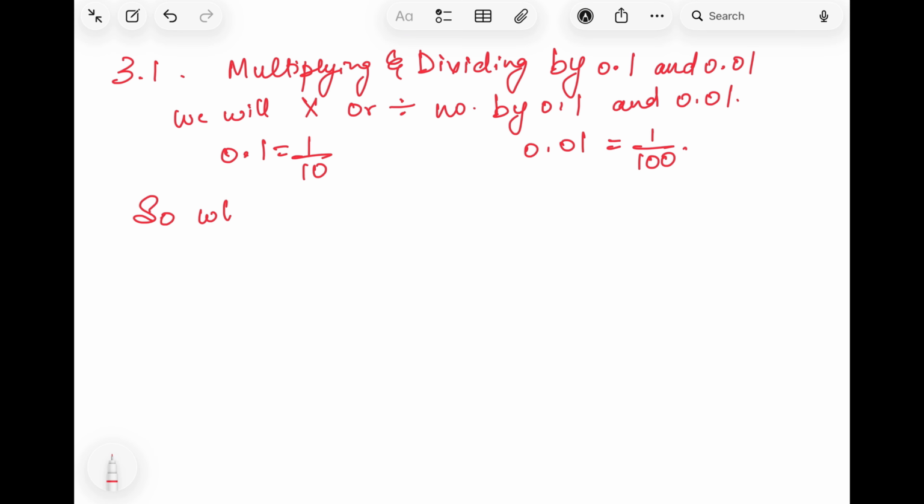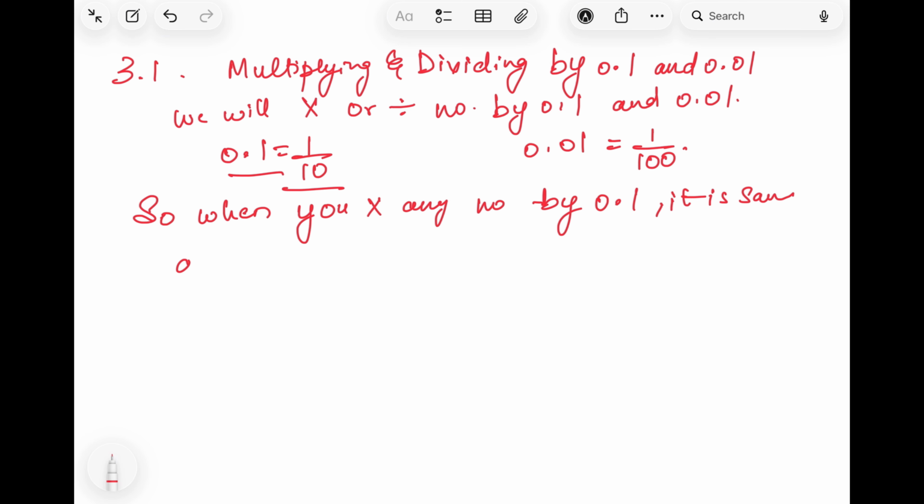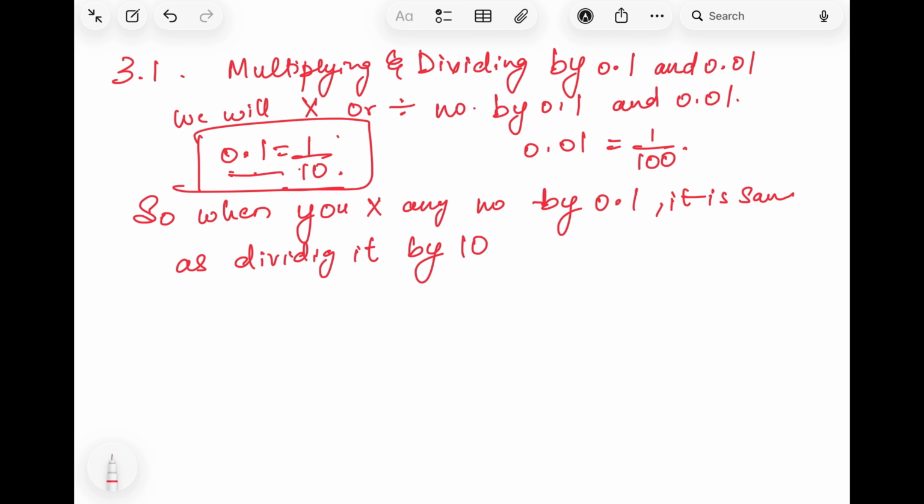So when you multiply any number by 0.1, you're actually not multiplying, it is the same as dividing it by 10. The place value of 0.1 is 1 upon 10. That means when you multiply any number with 0.1, you're actually dividing it by 10.